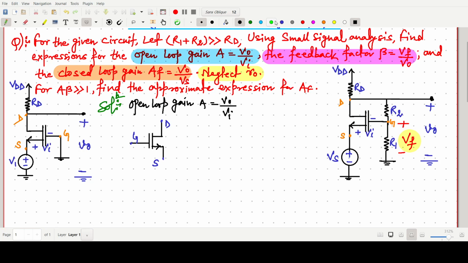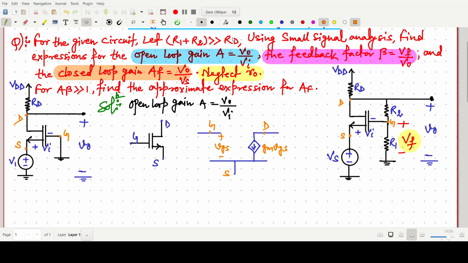The AC equivalent model for this device we can make like this, where this is our gate. I think you know this concept: gate, drain, and this one is our source terminal. So source, and this one is plus minus VGS, and this one is gm VGS.